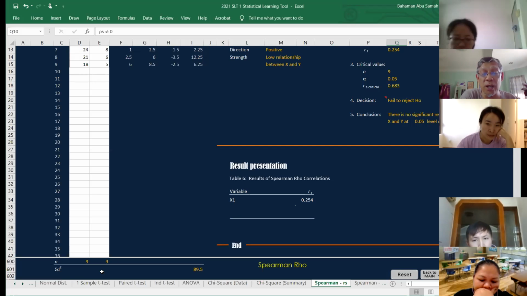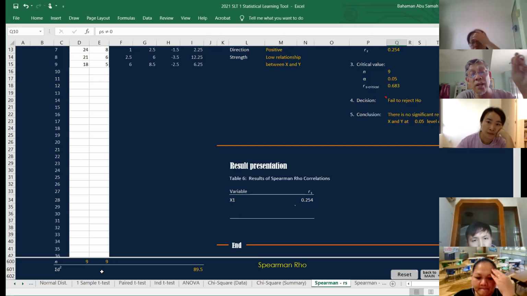Earlier, when we did our calculation for question number 1, where we calculated the coefficient, we got the value for RS to be 0.254, is that right? So in step number 2, if your sample size is less than 10, we just say RS equals 0.254. No need to do the calculation anymore, not to calculate T. Because Prof stated in the notes to calculate the T, that's why I asked.